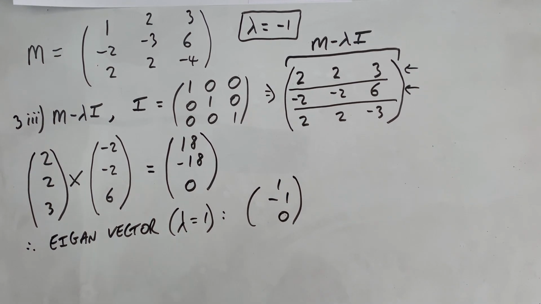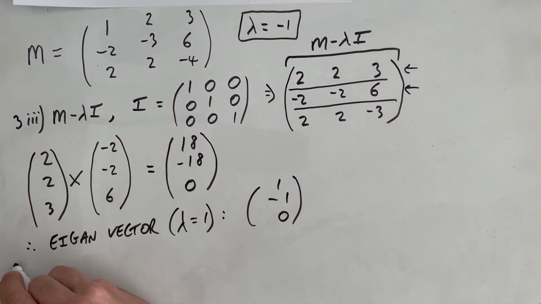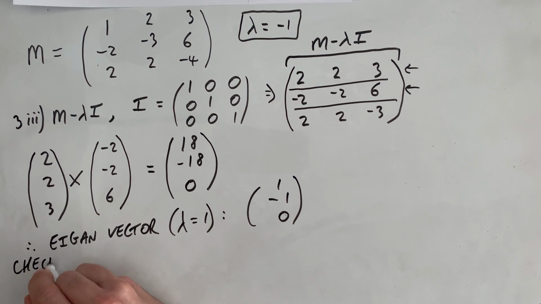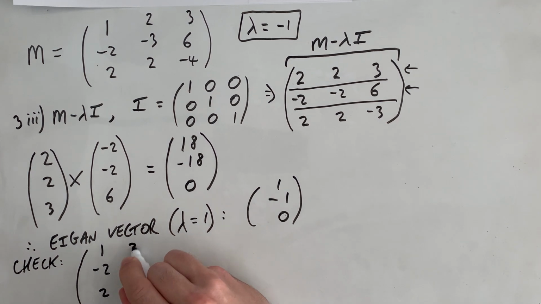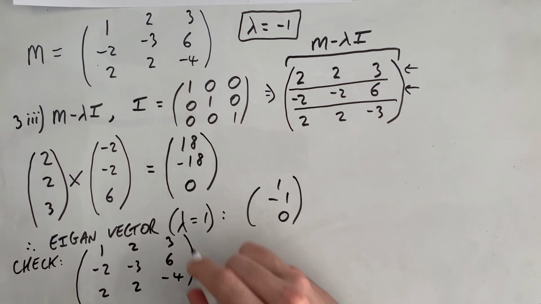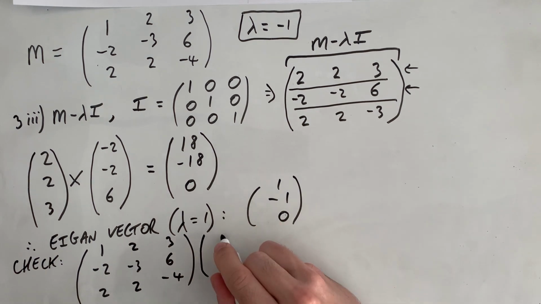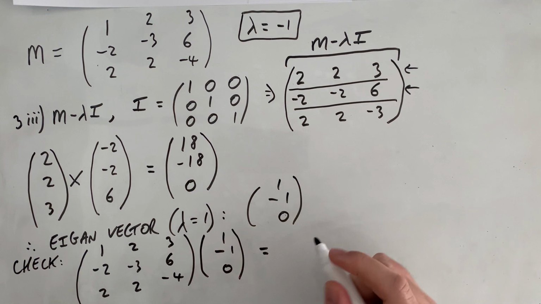Of course, if we wish to check this, we can take our M. This is our checking step, just to make sure this has worked. So we put M, 1, minus 2, 2, 2, minus 3, 2, 3, 6, minus 4, and multiply it by this, then use the properties of this multiplication to verify.